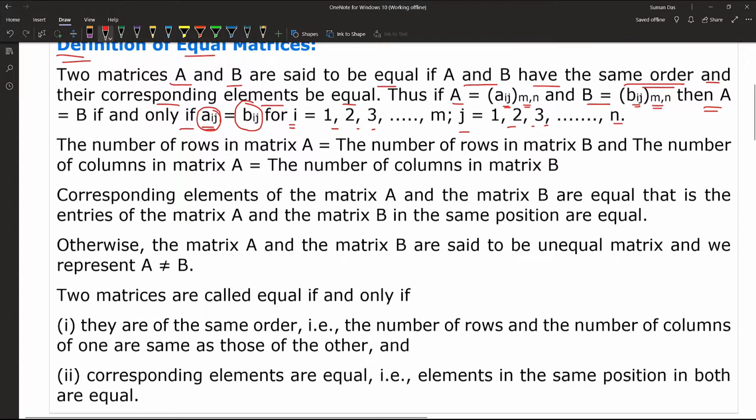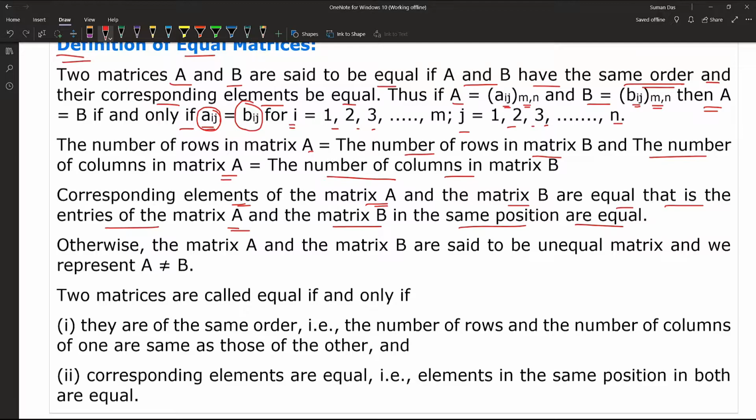The number of rows in matrix A must equal the number of rows in matrix B, and the number of columns in matrix A must be equal to the number of columns in matrix B. The corresponding elements of matrix A and matrix B are equal. That is, the entries of A and B in the same position are equal.